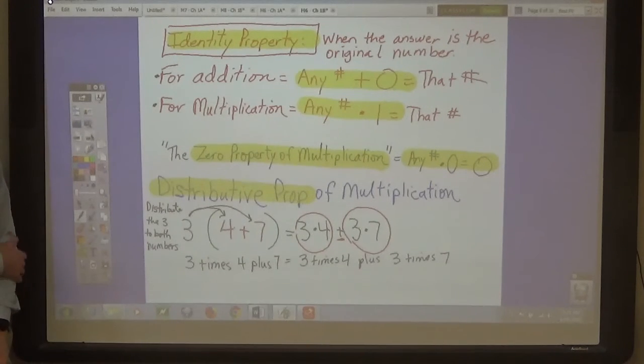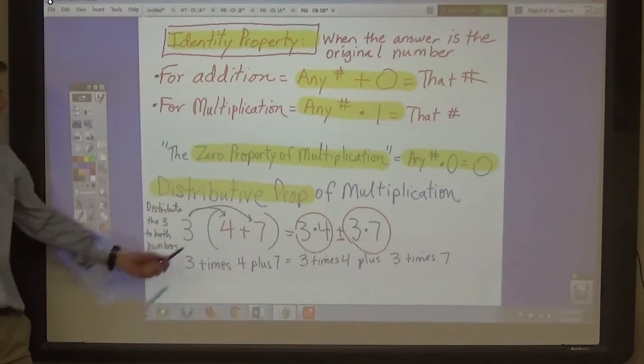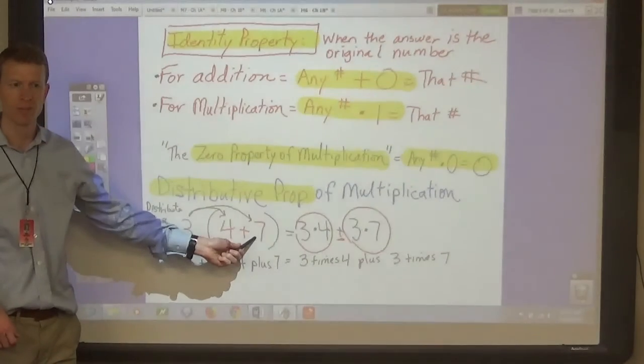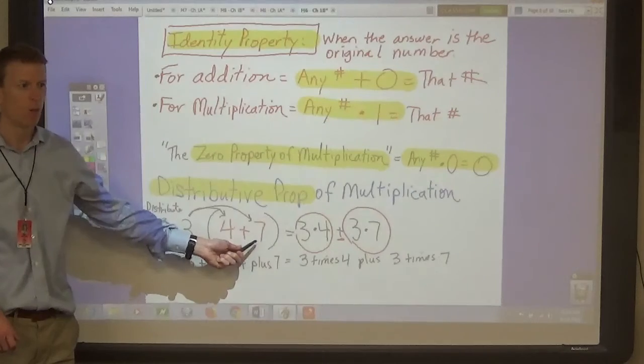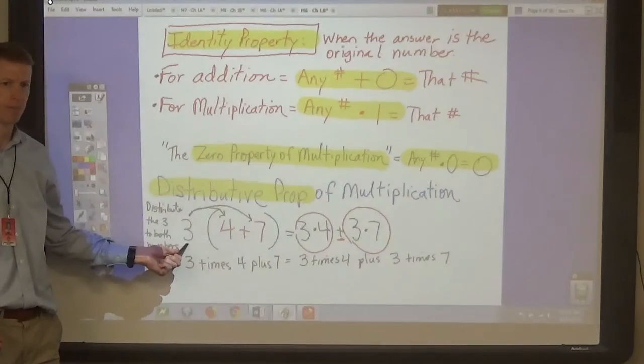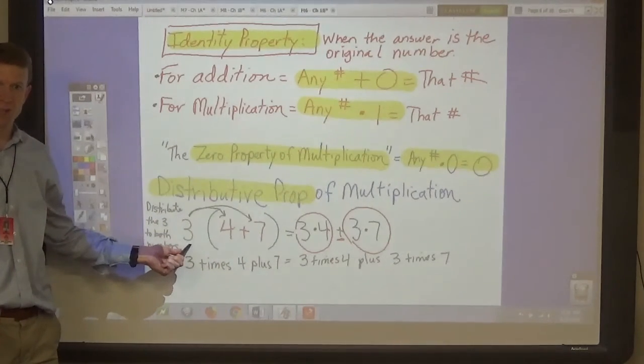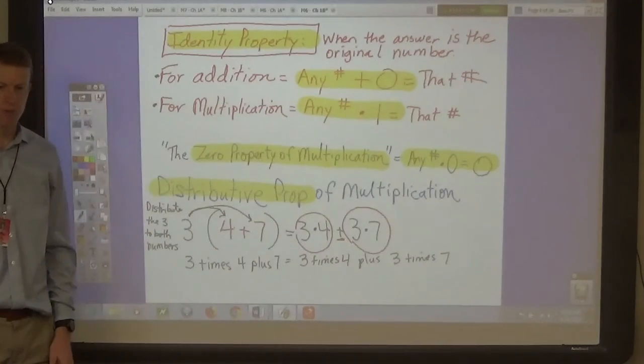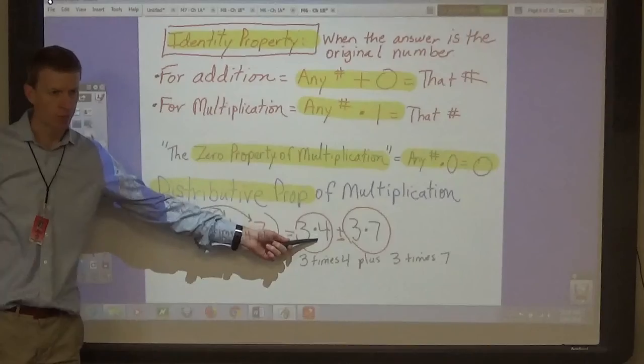David. Will the answer be the same if we do 3 times 4, 3 times 7, and then add those two? Yeah. So let's find the answer to both sides. What's 4 plus 7? It's 11, right? Yes. What's 11 times 3? 33. What if we did 3 times 4 first? What's 3 times 4? 12.